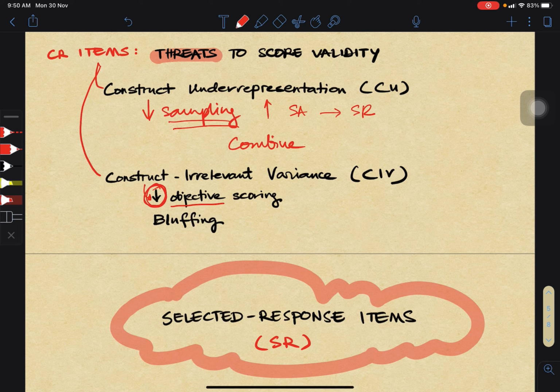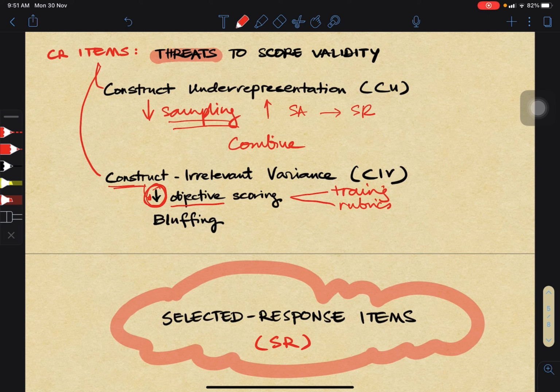Whenever we use human raters, that is what happens. Okay, so we need to take care to reduce this. That is why whenever we are using constructed response items, we emphasize training, we emphasize using rubrics and things like that. Those are the actions to overcome this threat.